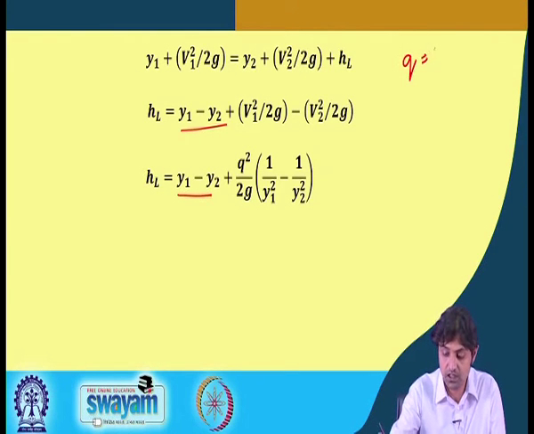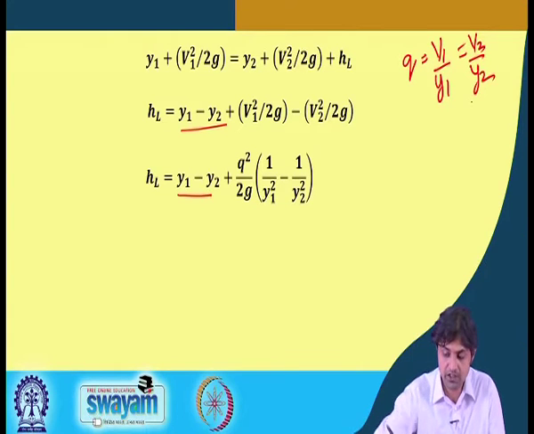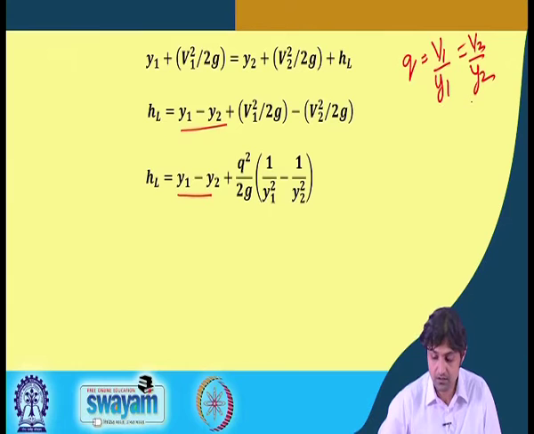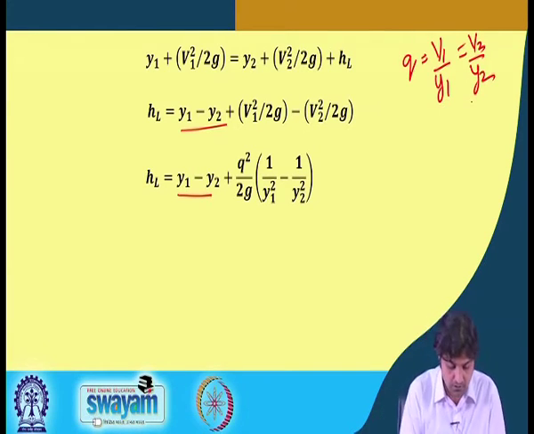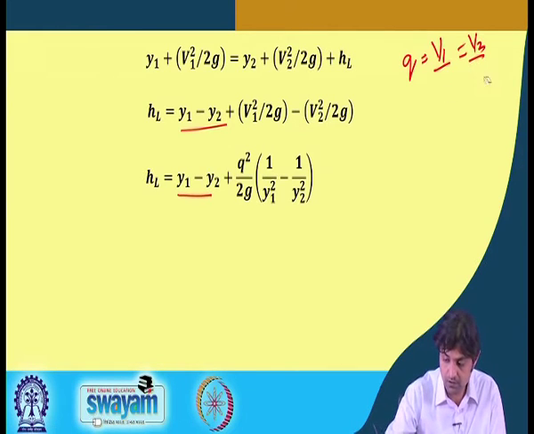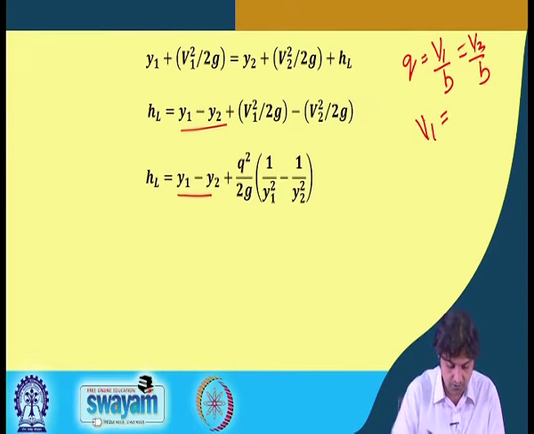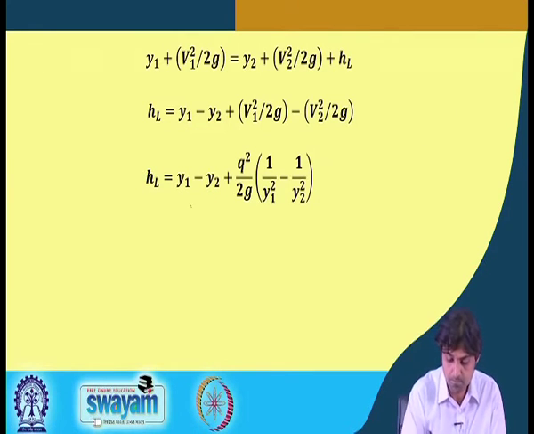So, Q can be written as V1 Y1 is equal to V2 Y2.